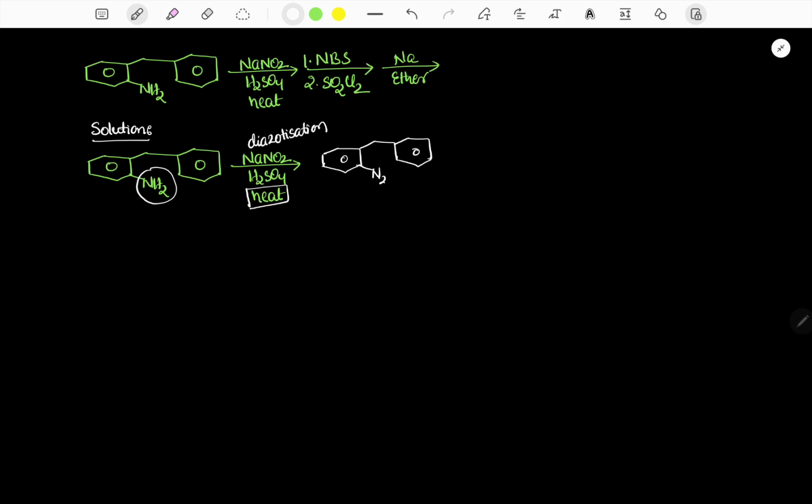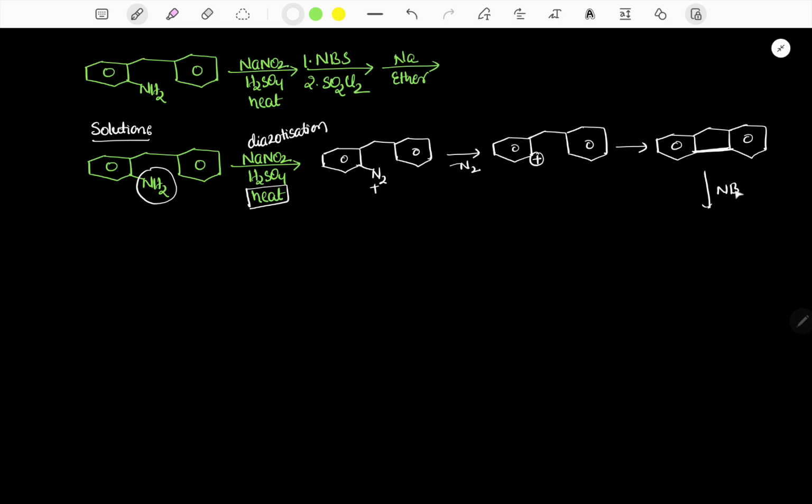Since heat is given, it loses N2 gas and forms the corresponding carbocation. Now this carbocation undergoes electrophilic aromatic substitution, since it is an electrophile and the other is an aromatic compound.